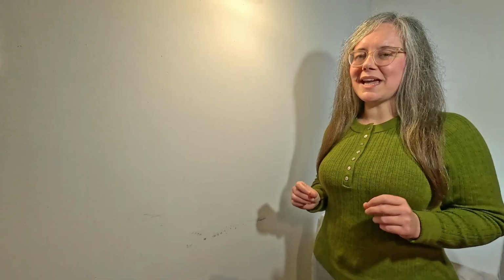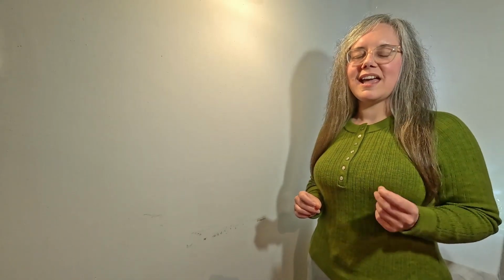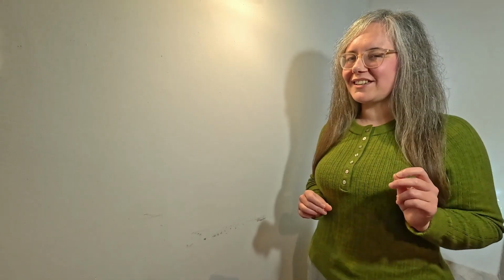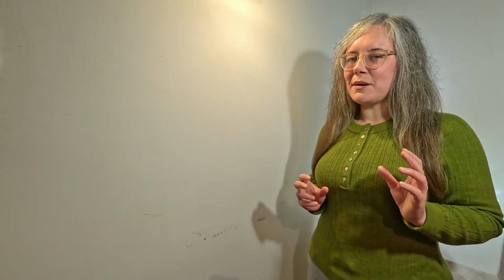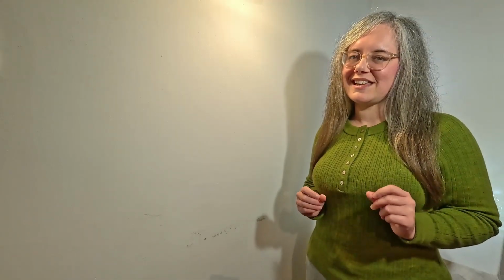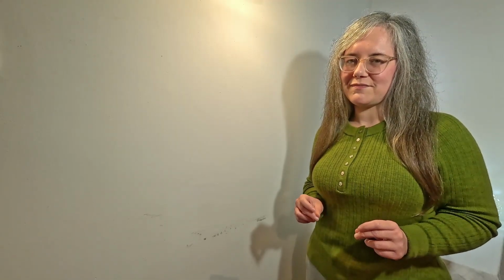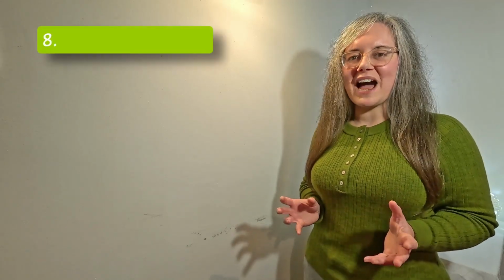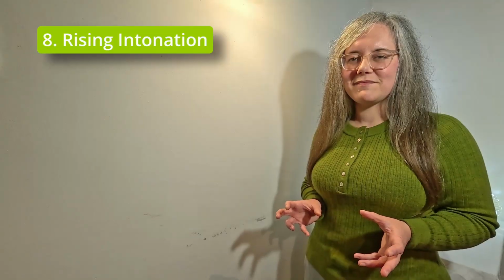The next way to ask for help is for situations where you think you know the correct word, but you're not completely sure if it is the right word. In this situation, you can use rising intonation.